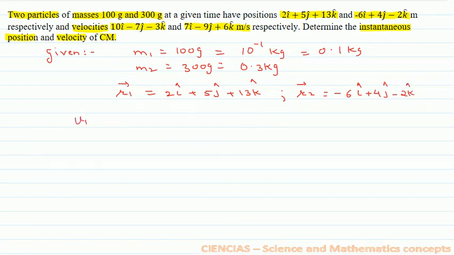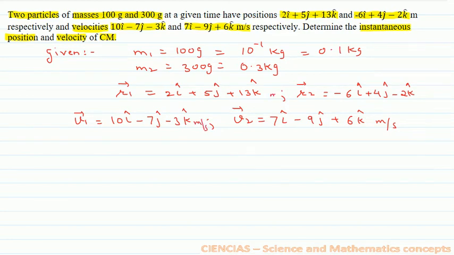The velocity vector of the first particle is 10i cap minus 7j cap minus 3k cap, and the velocity vector of the second particle is 7i cap minus 9j cap plus 6k cap meter per second. Here positions are in meter and velocities in meter per second. Now we see the solution for this question.